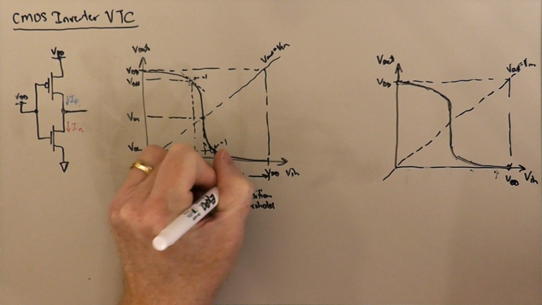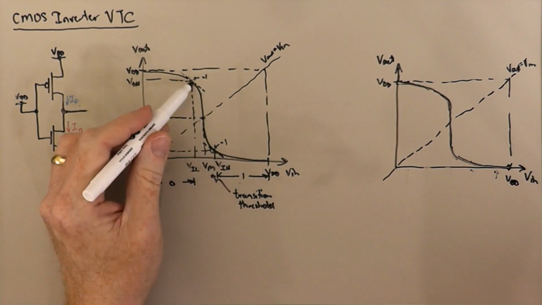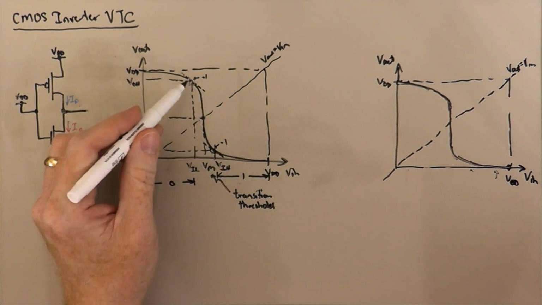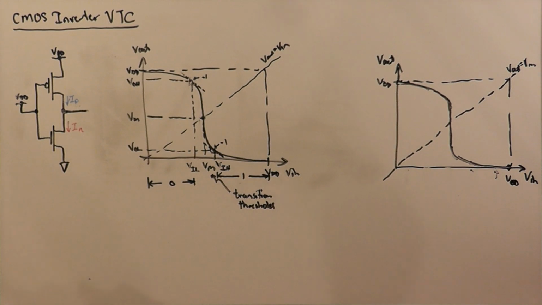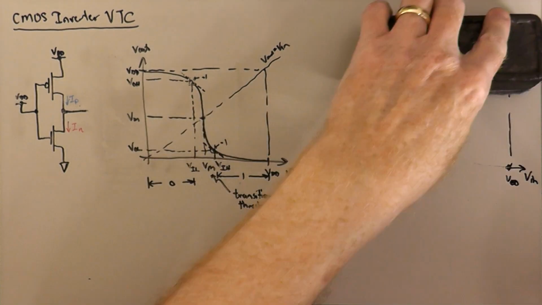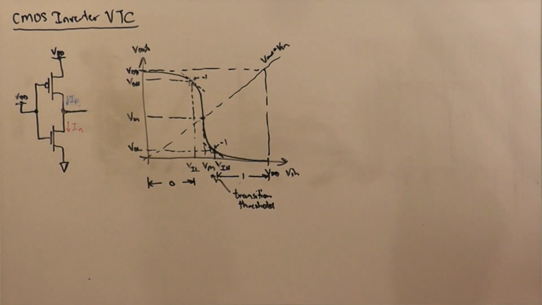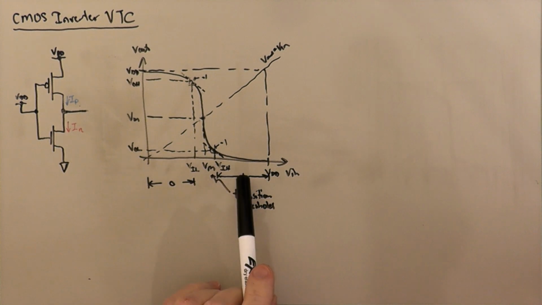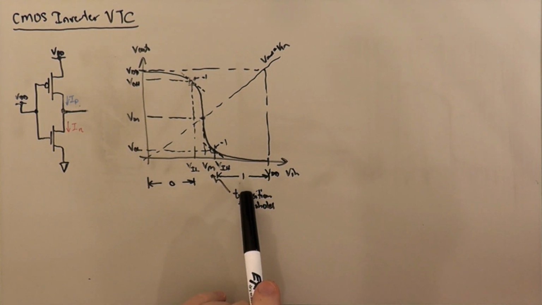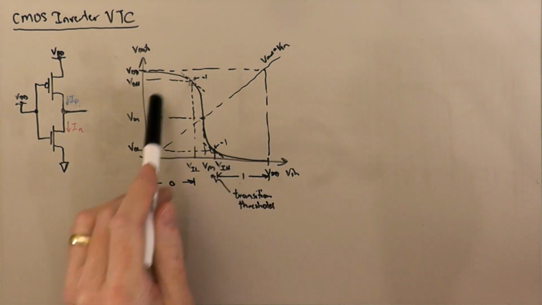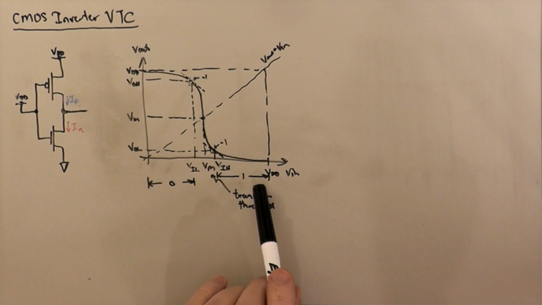Why is it the place where the slope of the tangent line here is -1? Well, there's actually quite a good reason for that. Suppose you've got some logic signal with some noise on it, and I put it through a gate with a voltage transfer characteristic like this.